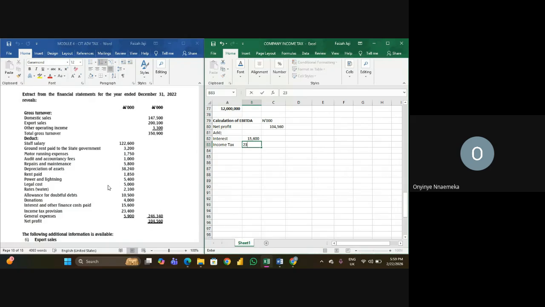So how much is it? 23,400. So what else again? Depreciation. Do we have depreciation? Yes. So 38,240. Do we have amortization?